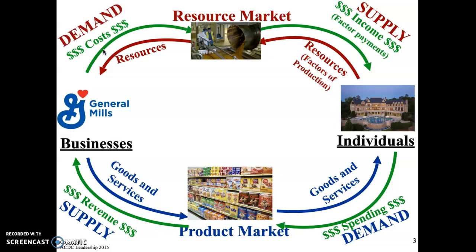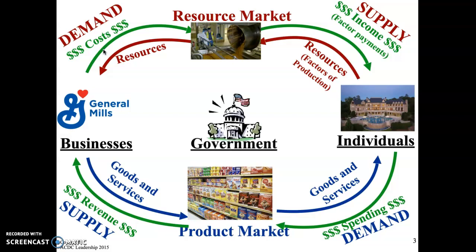So let's say, what happens if the economy is slowing down? A bunch of people lose their job and they're not spending as much money. Well, the government might step in. Okay. The government also, they buy goods and services from the product market, and they buy goods and services from the resource market. Your teachers are examples of how they buy a service, teaching, from the resource market.